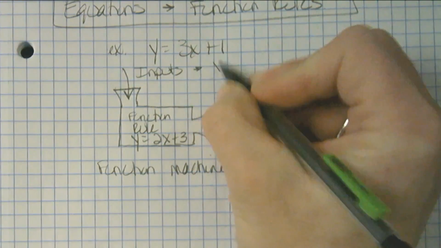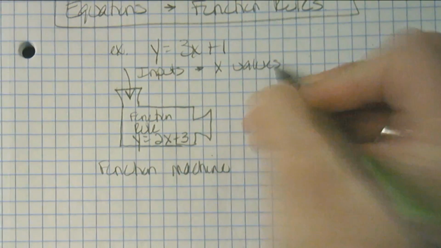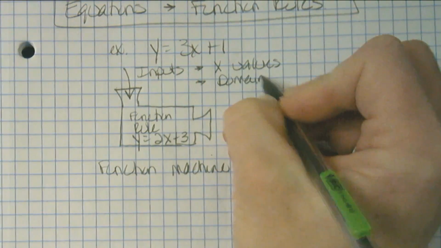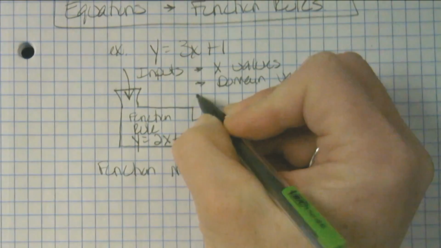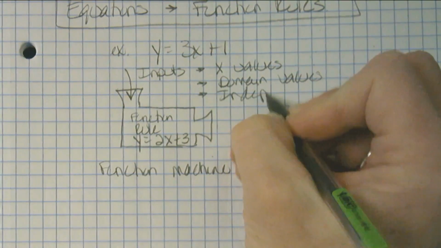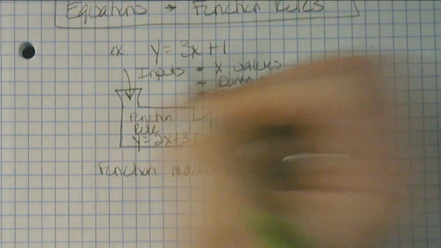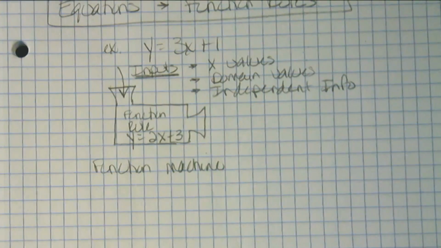Those are our x values, or our domain values, or our independent information. So I've just given you another term for domain.